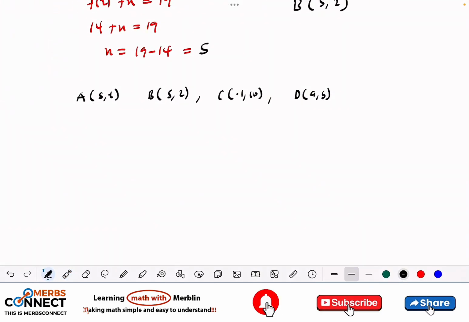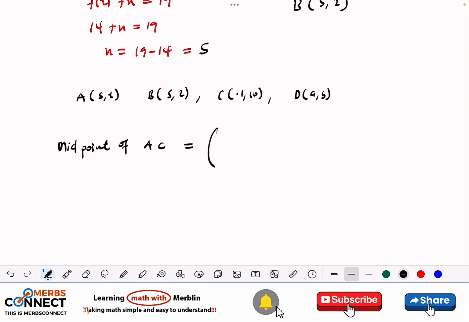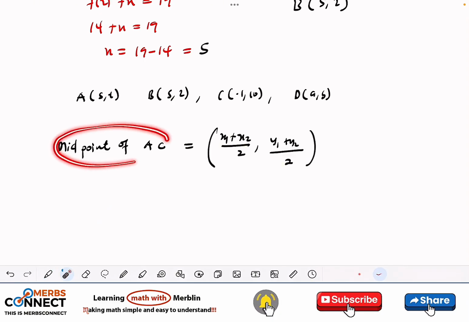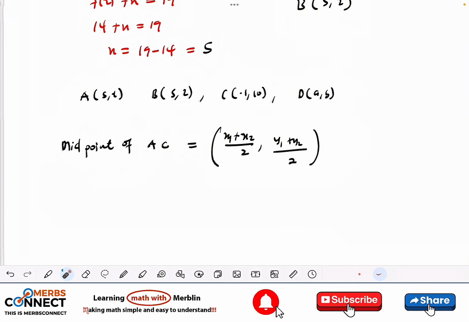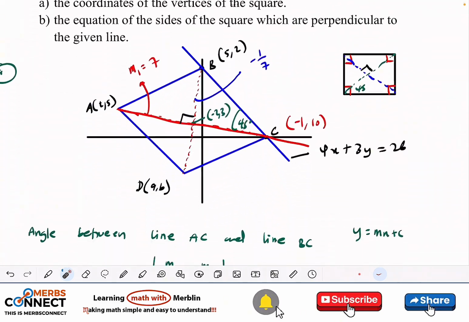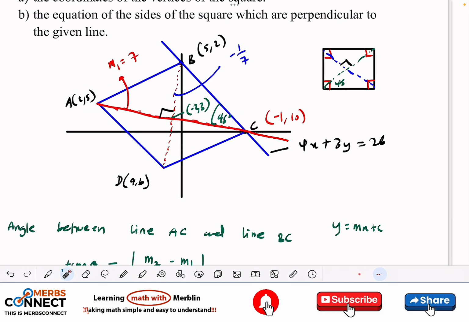So the midpoint of AC is equal to, remember the midpoint formula, right? X1 plus X2 divided by 2, and then Y1 plus Y2 divided by 2. So what's the midpoint of AC? We saw that the midpoint of AC was minus 2 and 3, right?